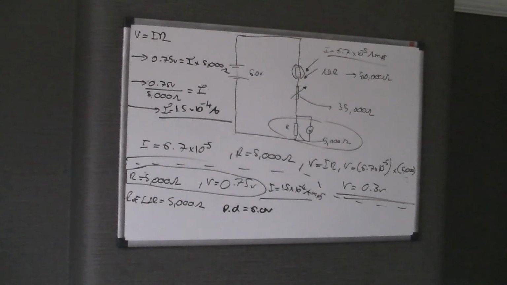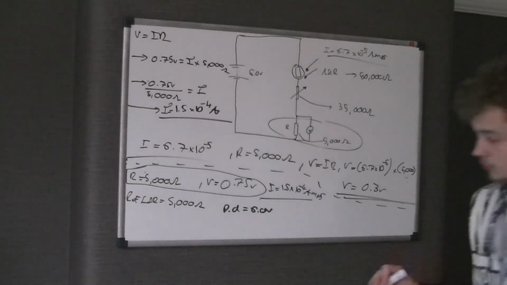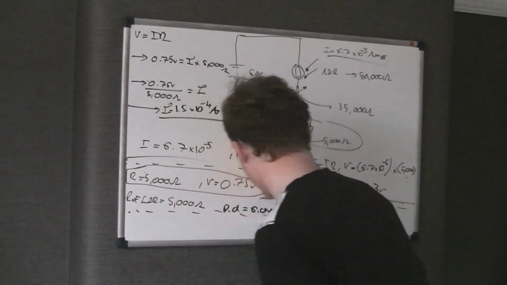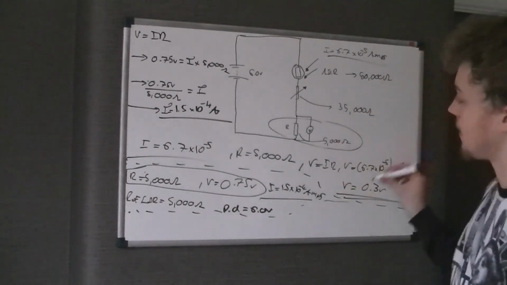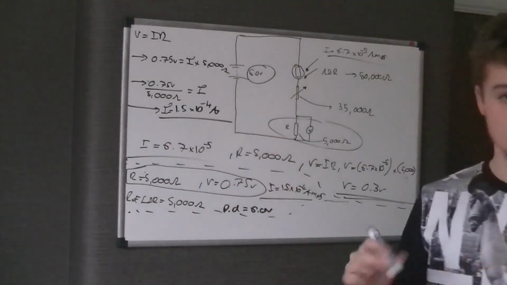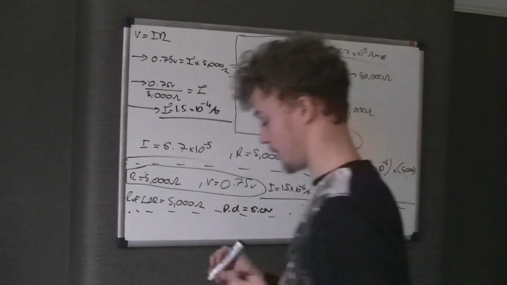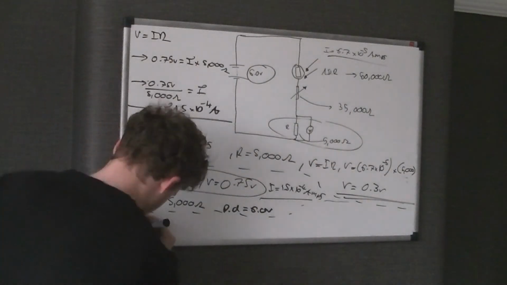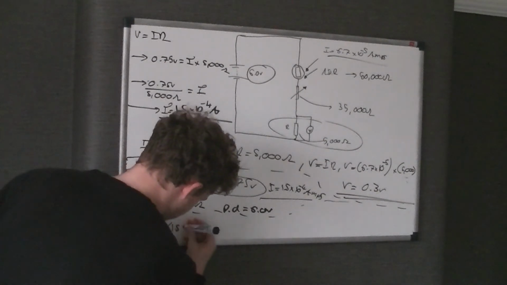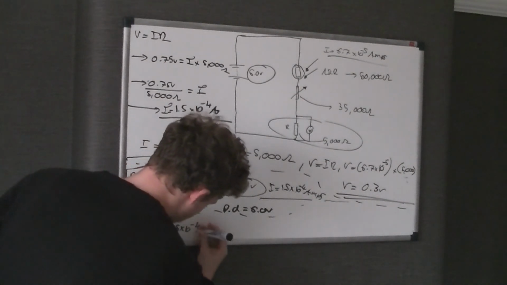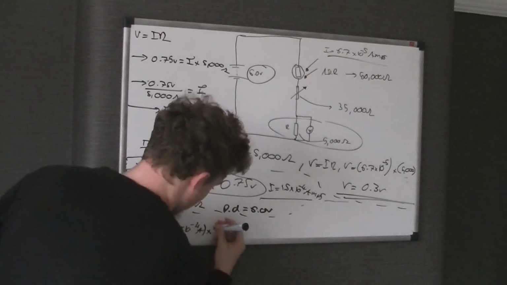Well, we're going to use V equals IR, but on a bigger scale, and go backwards essentially. We now know the current is 1.5 times 10 to the minus 4 amps, as proven. We know that the potential difference of the battery cannot change, 6 volts. We've not changed the battery. So V equals IR, so 6 volts is equal to the current, 1.5 times 10 to the minus 4 amps, times the total resistance.